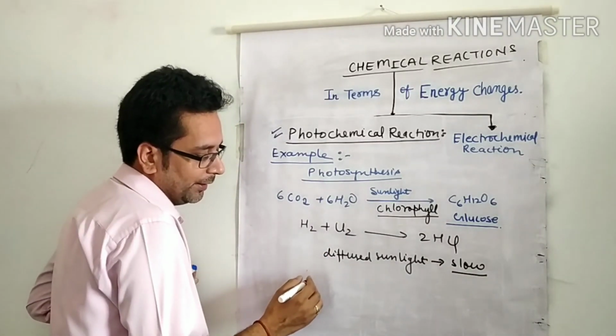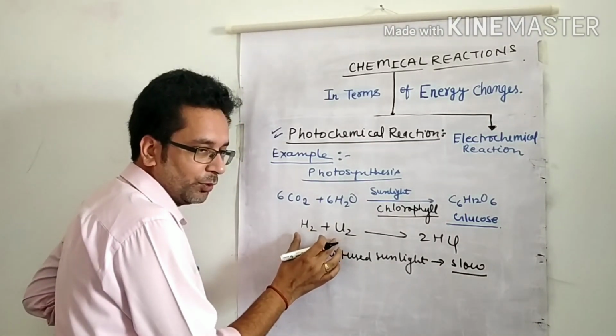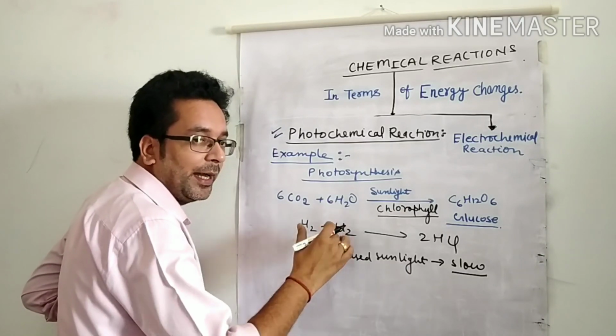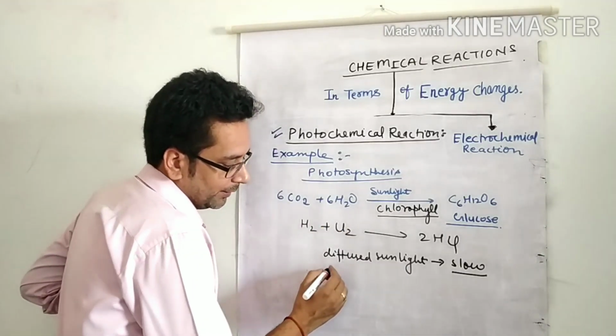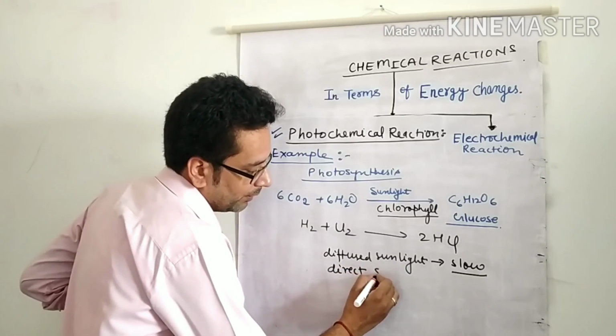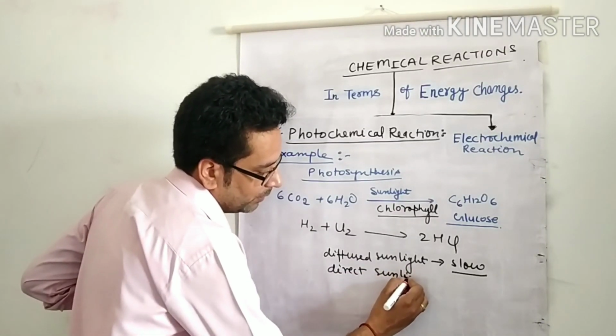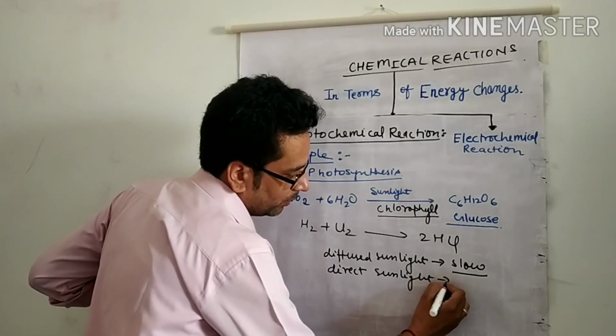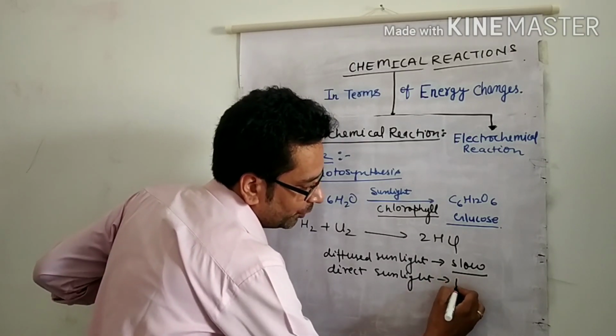But when hydrogen and chlorine are in contact with direct sunlight, the reaction is very explosive.